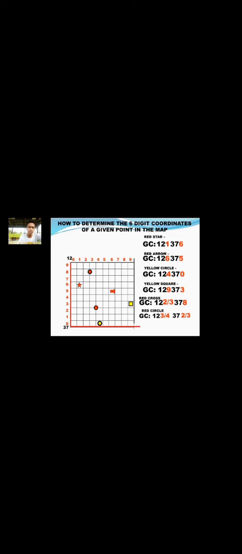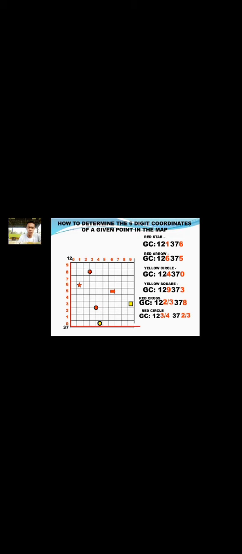Next is the red circle. Find the red circle. Here in the red circle, you look for their grid square, 12 and 37. What is aligned with 1237 is 3 and 4 down to 2/3.